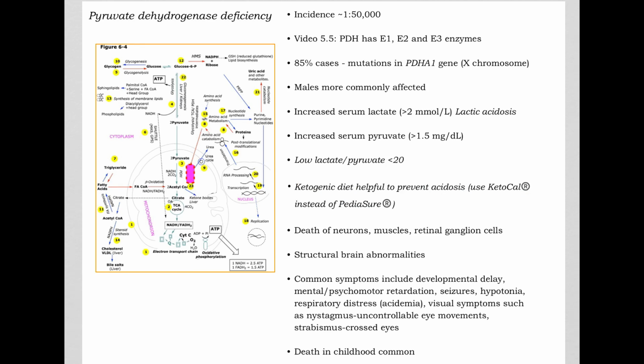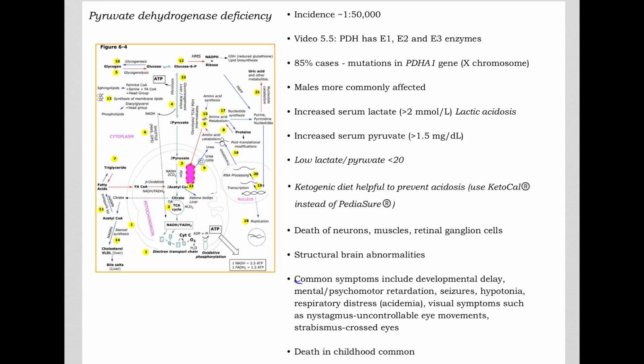As explained earlier, cells that require a lot of energy, such as neurons, muscle cells, and the retinal ganglion cells in the eyes, are the ones that are stressed the most and have a high probability of dying. The degeneration as well as the death of neurons leads to various structural brain abnormalities.